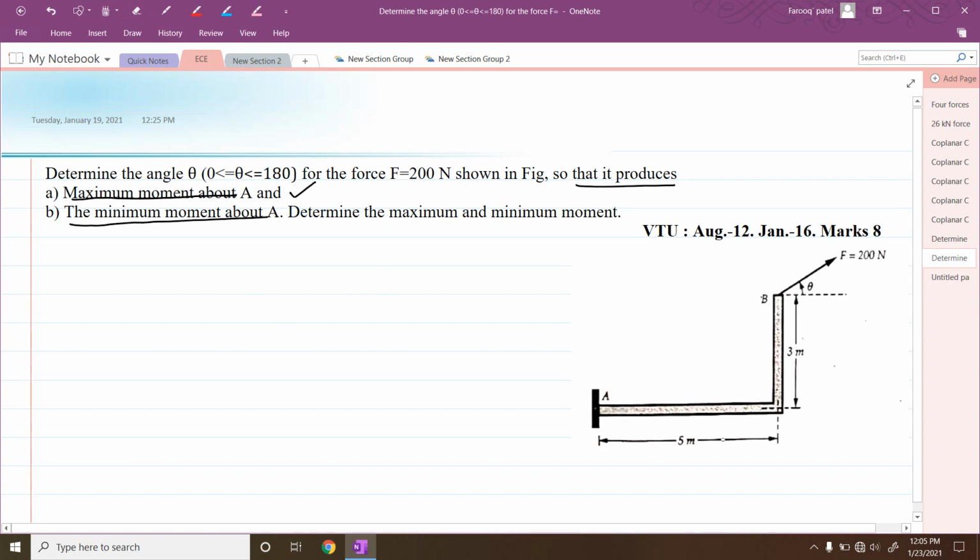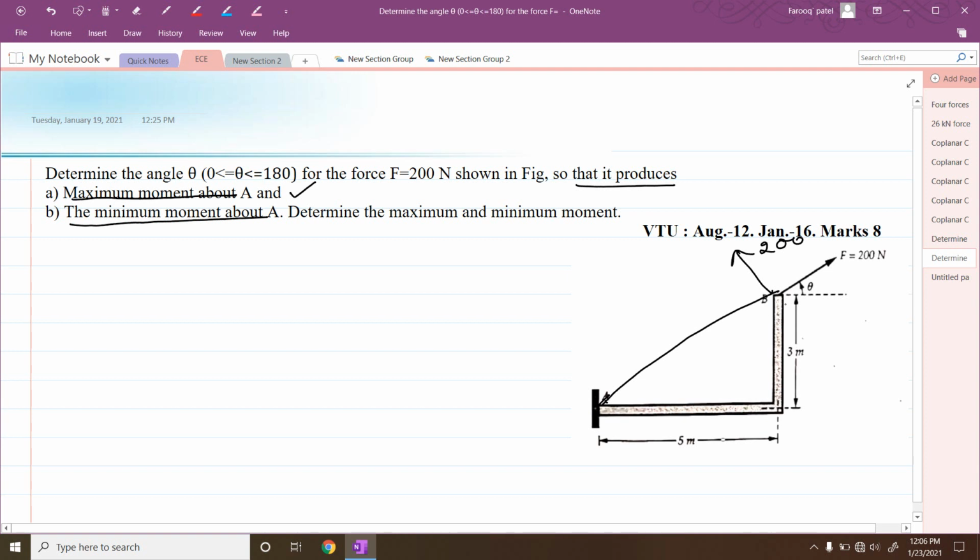That is the question they have asked. Now I will draw one line joining the points A and B. If I apply the force F equal to 200 Newton perpendicular to this line AB, then it will create a maximum moment.